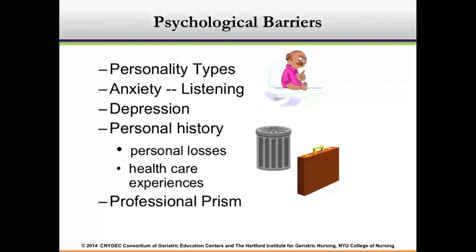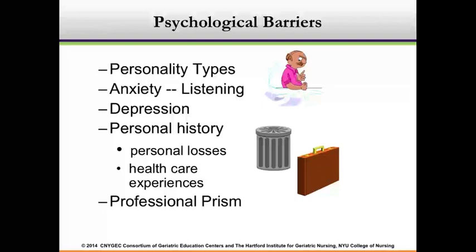Each of us has spent a lot of time and money becoming the professional that we are: a physician, a nurse, a social worker, a pharmacist, a PT, an OT, all kinds of these wonderful professions. And it's taken a lot of money and time and effort. And they give you a particular perspective, and that perspective is very important for your profession.